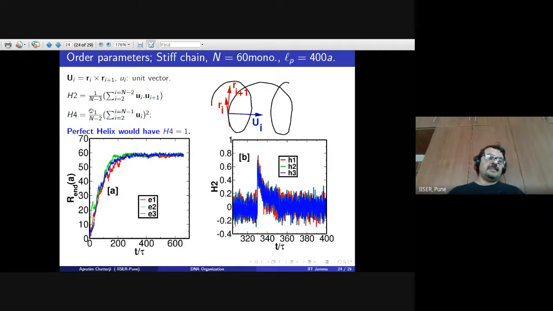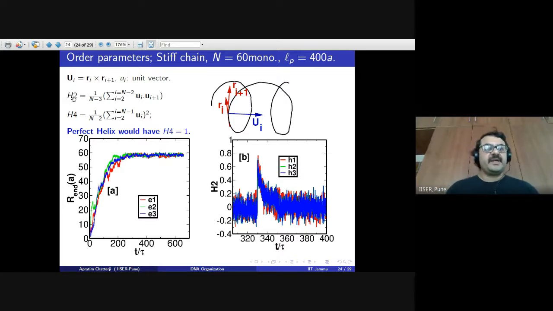There are two order parameters that I use, H2 and H4, to identify helices. We will be particularly using H2 because for H4, suppose part of the chain forms a clockwise helix and part of the chain is an anti-clockwise helix, then H4 will give 0, but H2 will still show helicity.